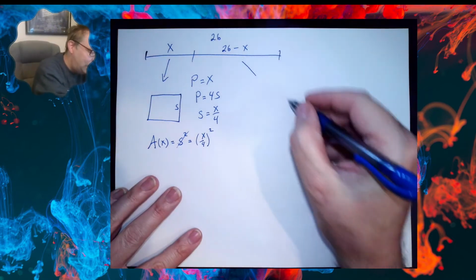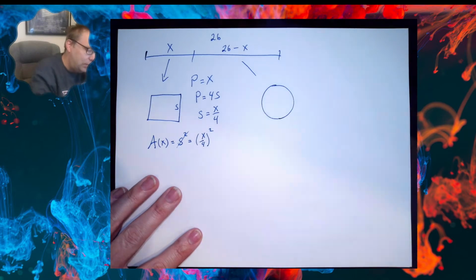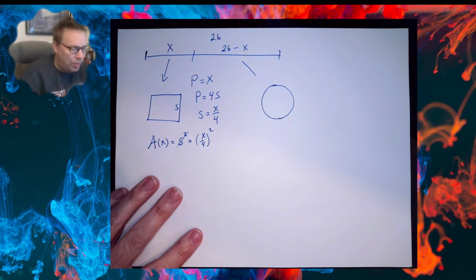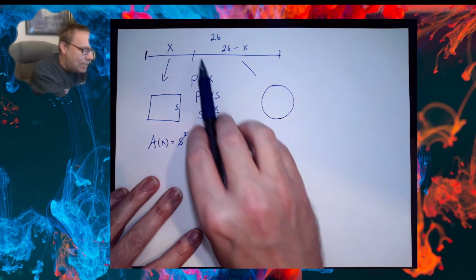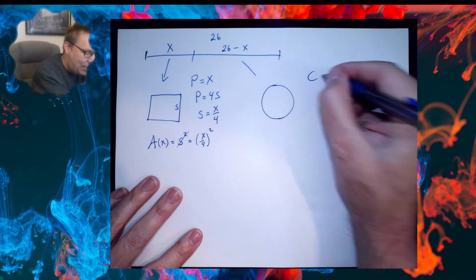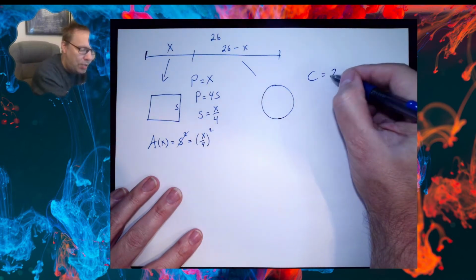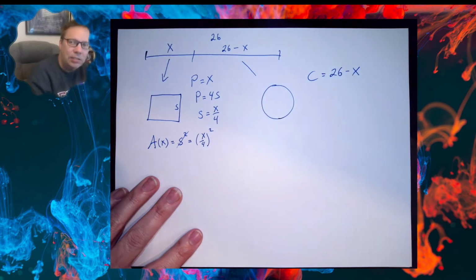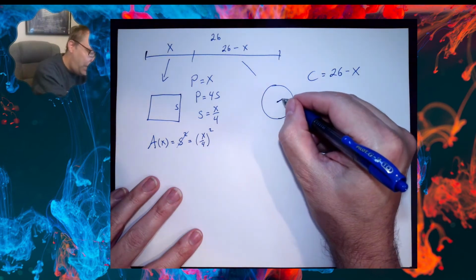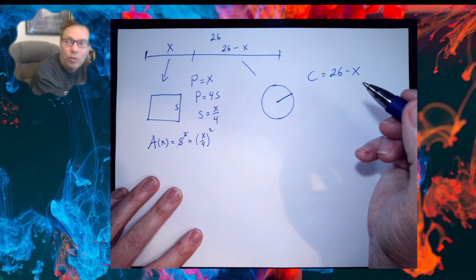And this piece, I'm going to bend into a circle. Now, what does this length mean? This length is a circumference, so the circumference is 26 minus x. Well, how do we normally figure out perimeter or circumference?